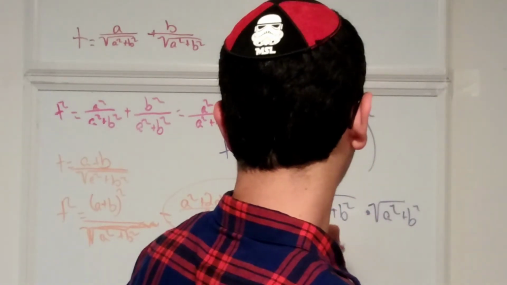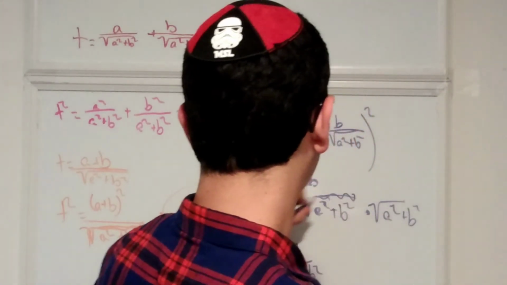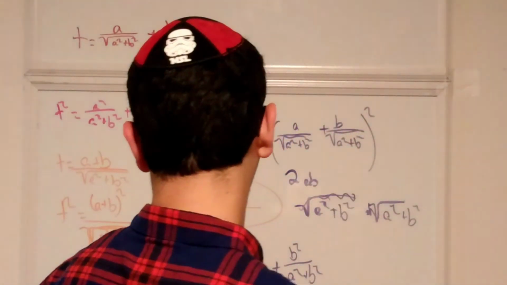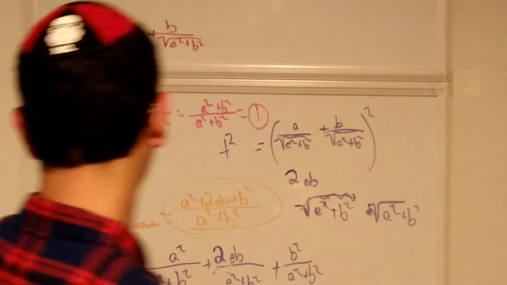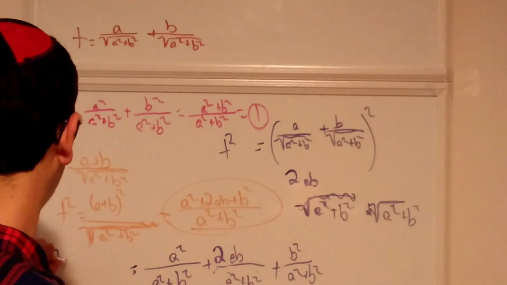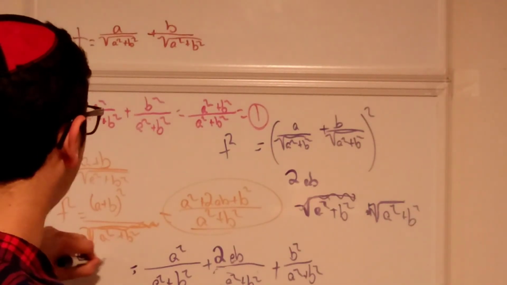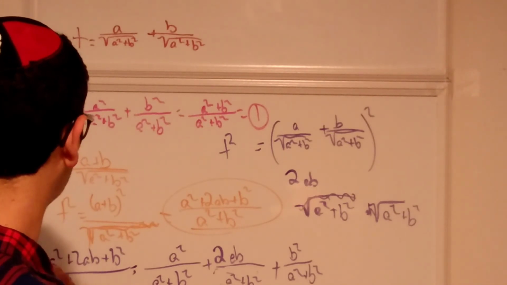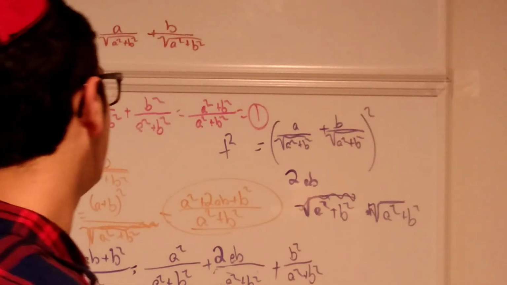So we can rewrite this and take away the square root sign, in which case you just get this, and you can rewrite that as a squared plus 2ab plus b squared over a squared plus b squared.